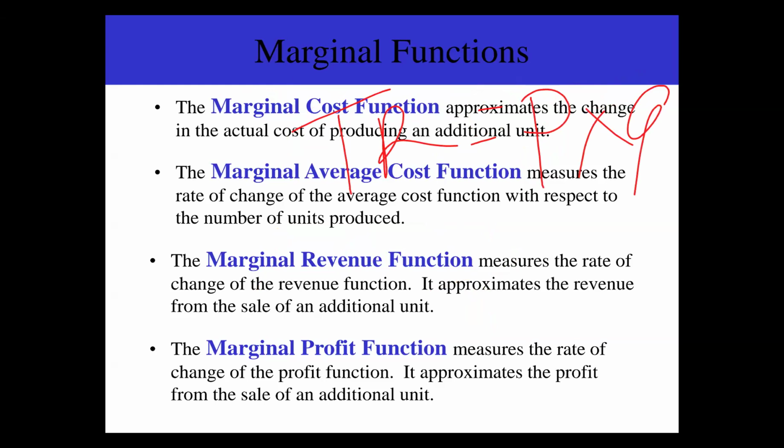It measures the rate of change of revenue, approximating the revenue from the sale of an additional unit. When you sell an additional unit, revenue increases. So that is what the marginal revenue function measures. Differentiate the total revenue function.